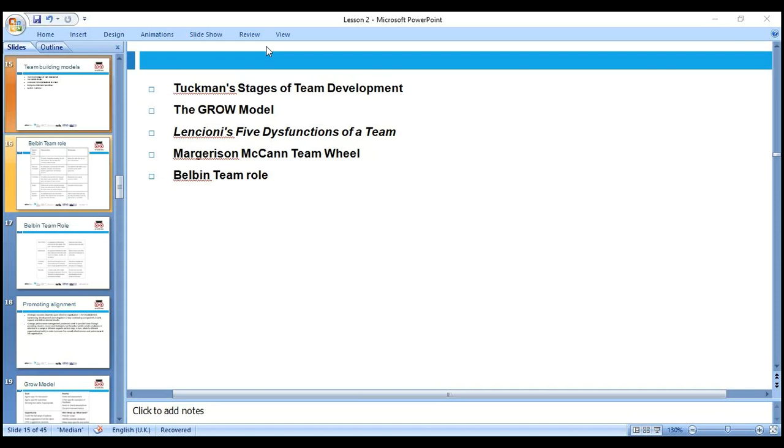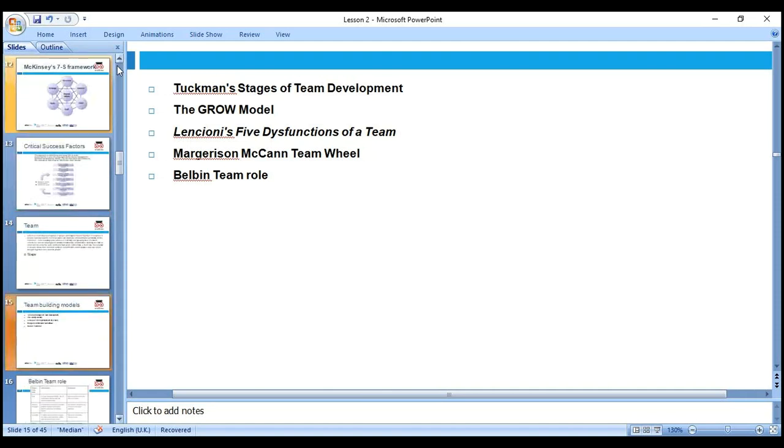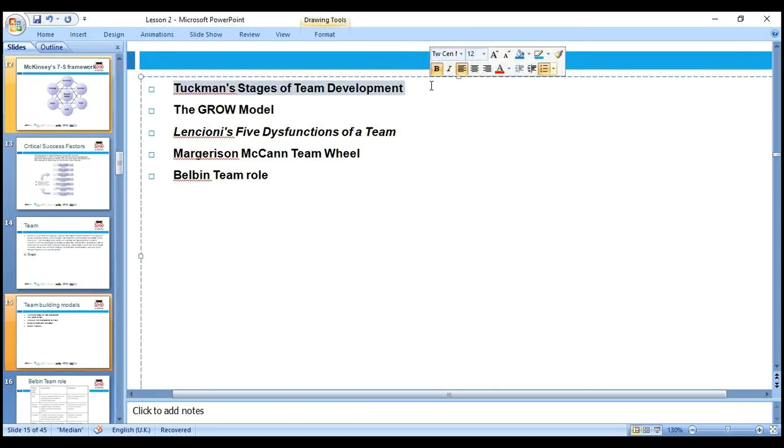And then the norming stage is where you start bringing together the norms of the group, understanding what you do, and then performing is when people start working. And of course, when we do the review, we come back and start again. Okay, good. Well done. So that's Tuckman's four stages of team building. Great. Very well mentioned. Anybody else found something?